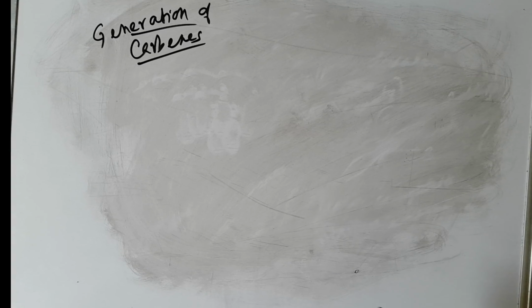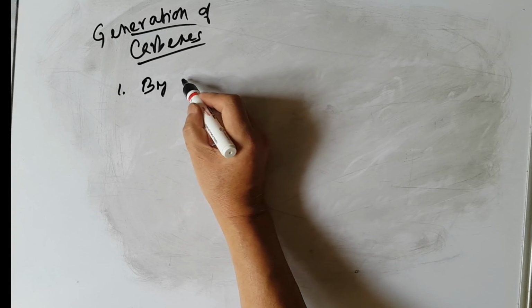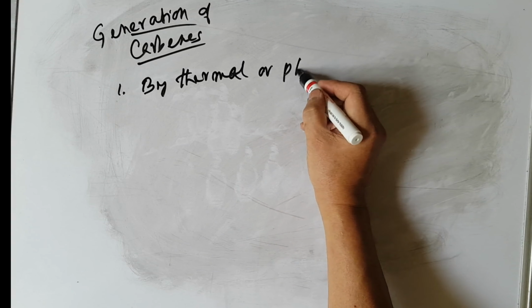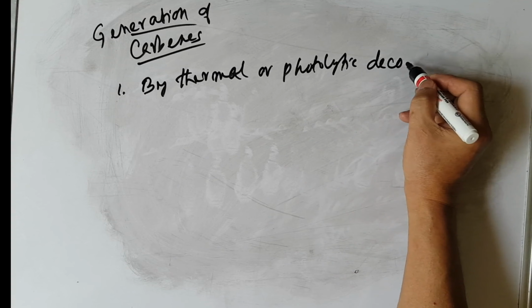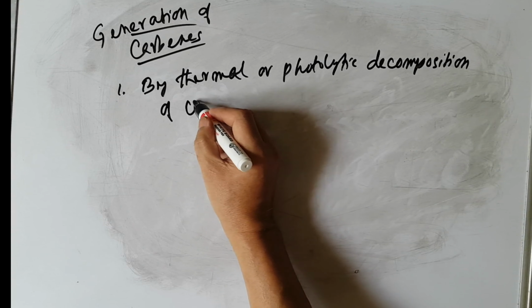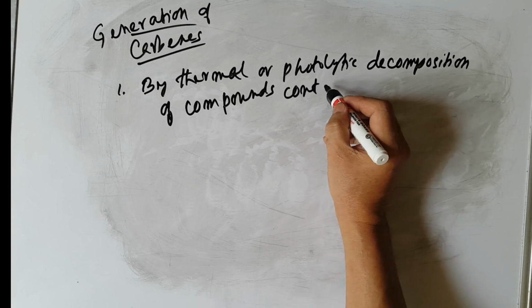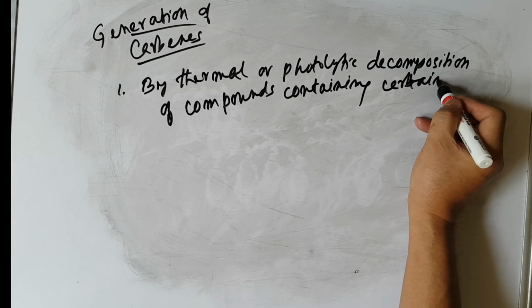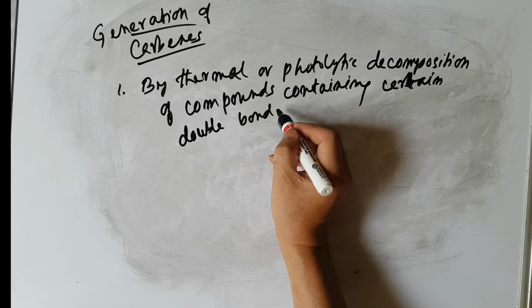The first one is by thermal or photolytic decomposition of compounds containing certain double bonds. So this is one main type. They are generally double bonds.